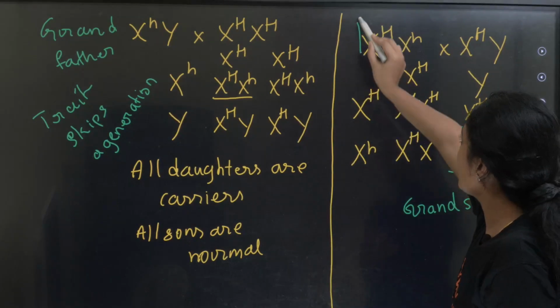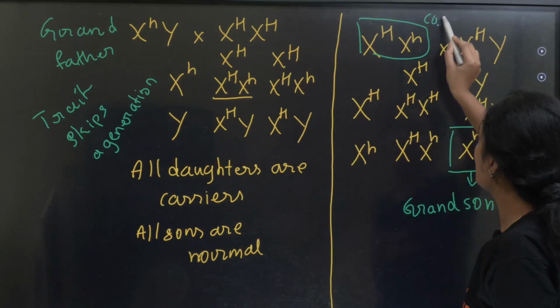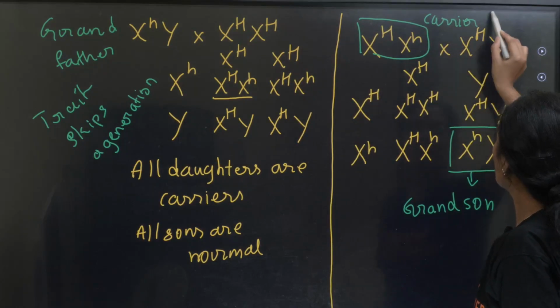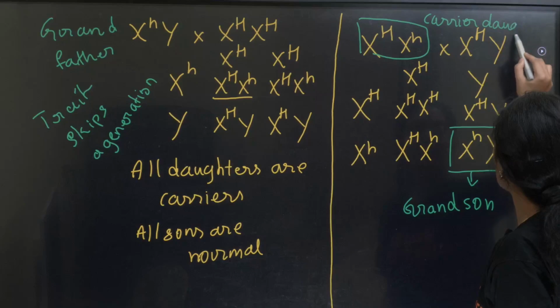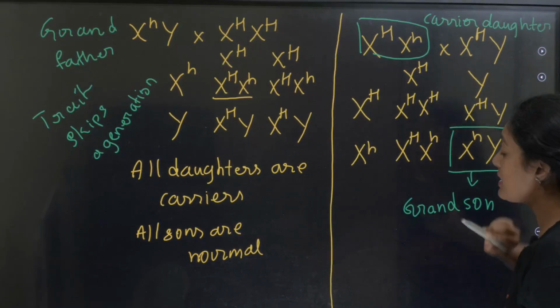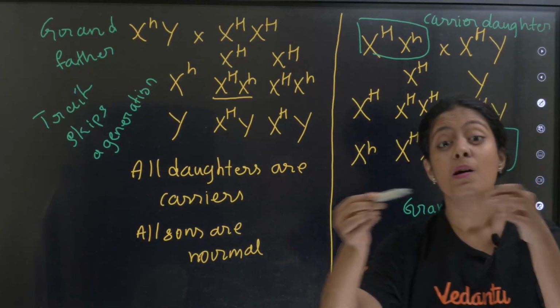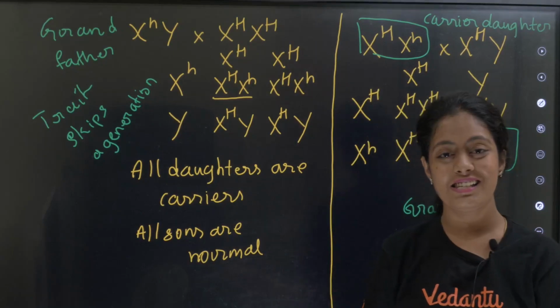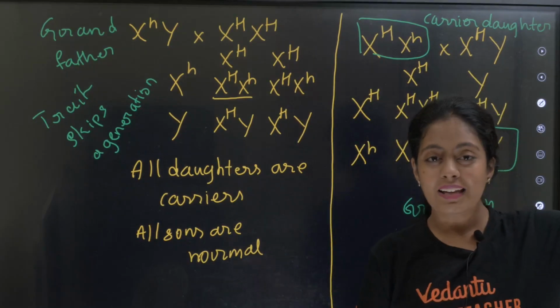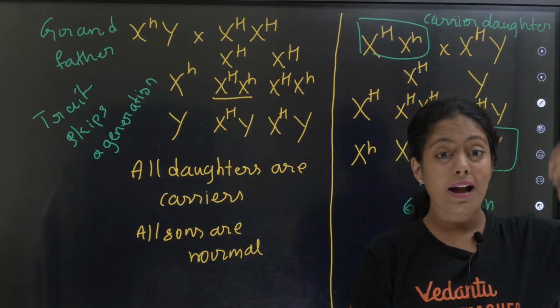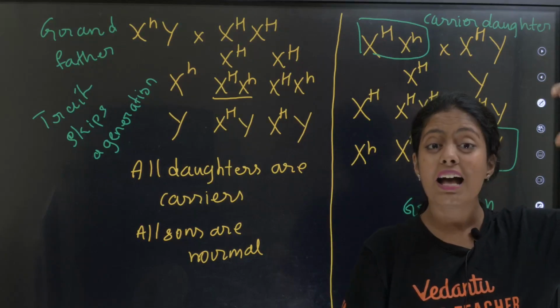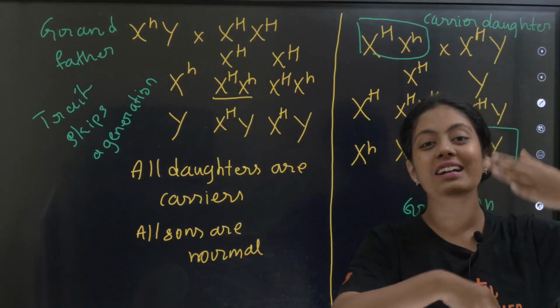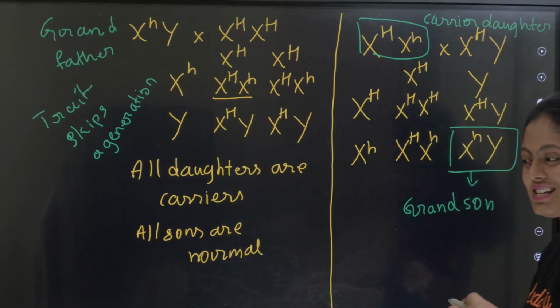So yunga vandu carrier daughter. Okay, and this kind of inheritance is called criss-cross inheritance. Okay, appalanda directa ponnuku varanum, correct? But the inheritance of the trait has skipped one generation and it has been passed to his grandson.